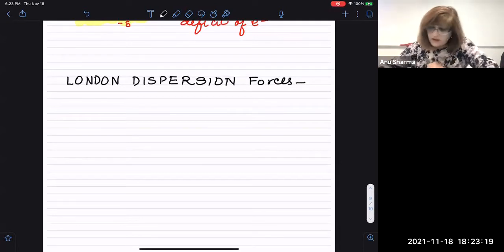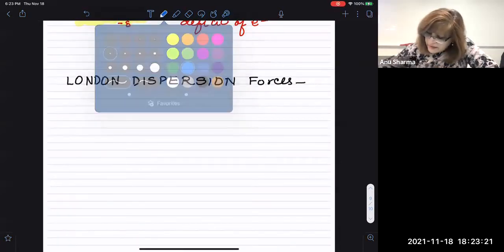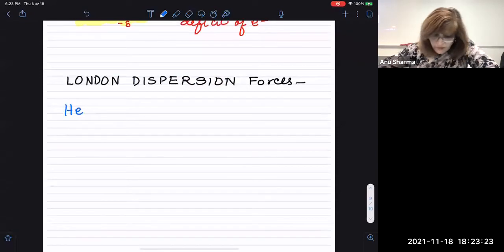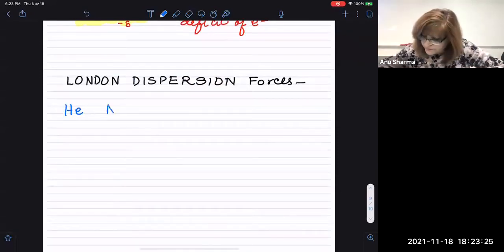Okay, look at this. Helium, then neon, then argon, then krypton, then xenon.